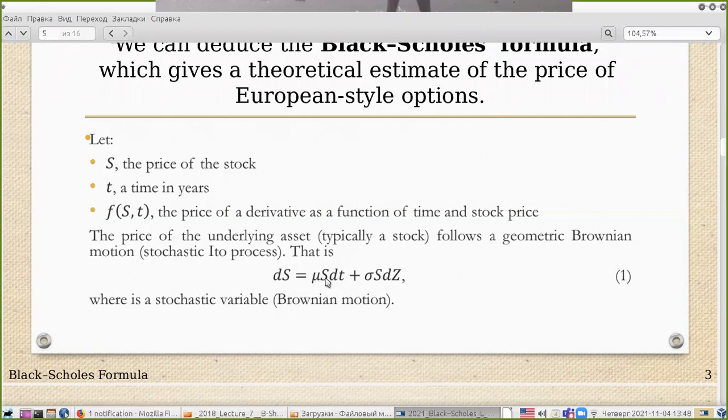But S is a stochastic process, and it depends on time and on randomness. So formula 1 is geometric Brownian motion.